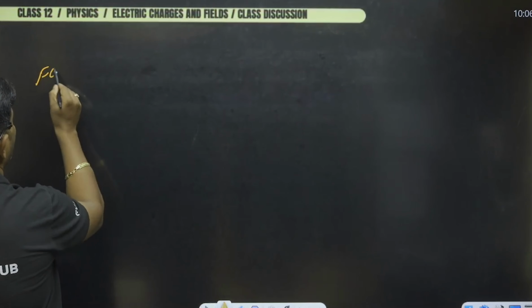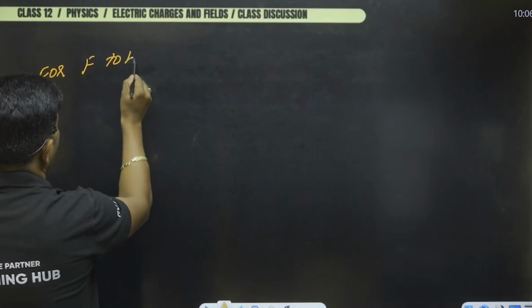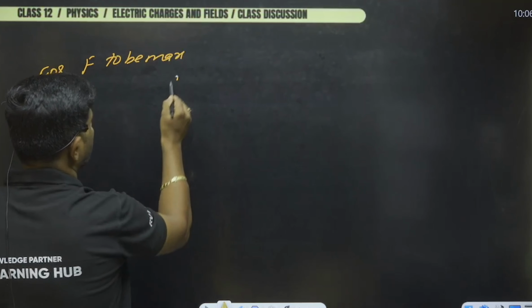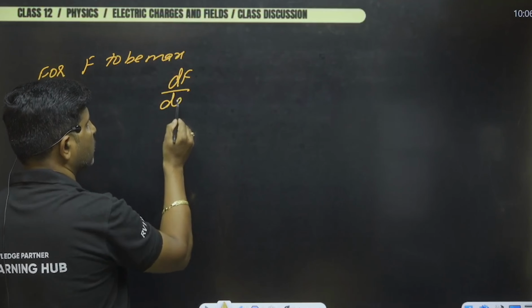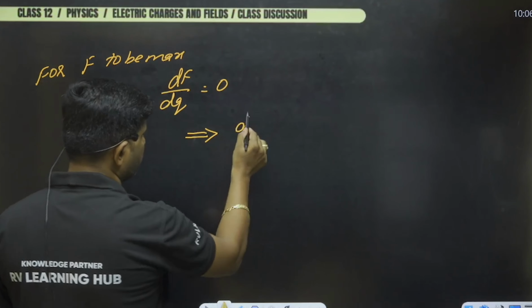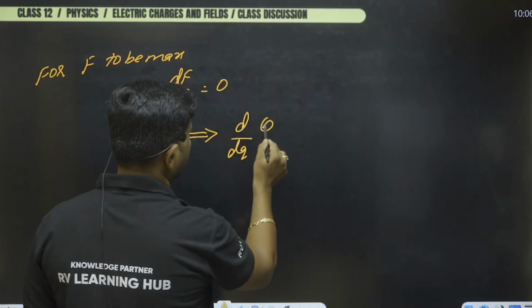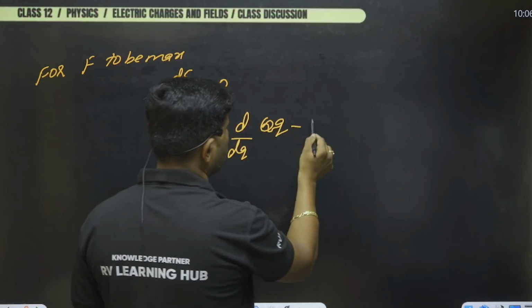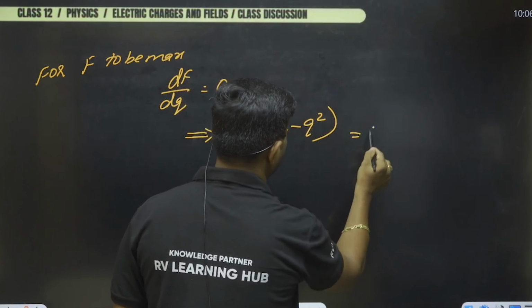For force to be maximum, if I differentiate F with respect to small q, it must be equal to 0. So whenever we differentiate here, we'll get capital Q into q minus q square, which must be equal to 0.